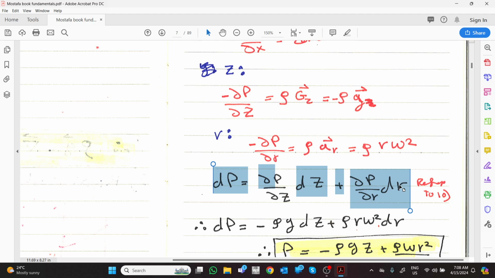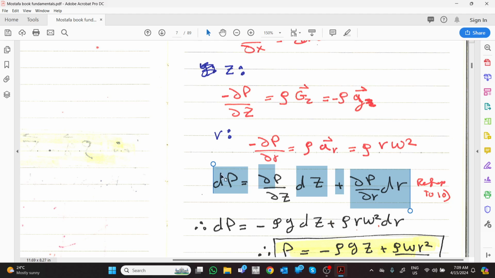This is the rule if I need to know the total change in the pressure. By logic, if the rate of change in pressure in the z direction is 1 for each 1 of z, and the rate of change in pressure in the r direction is 2 for each 1 of r, then the length of r multiplied by the rate of change of pressure due to r, and the length of z multiplied by the rate of change of pressure due to z, added together, is dp.